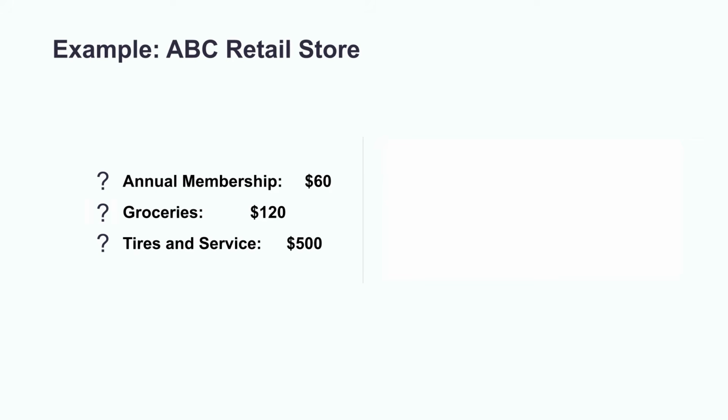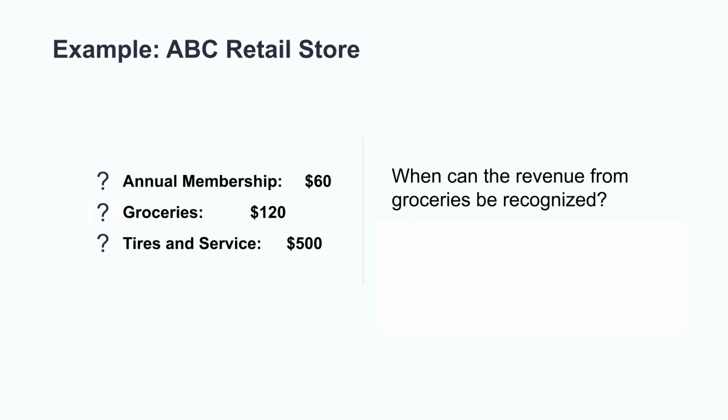Well, we need to look at the substance of each of the elements of this purchase in order to answer that question. First, let's look at when should ABC Company recognize the revenue for the $120 worth of groceries. Now remember, the first criteria from earlier was that the seller has to have performed its obligations in order to record the revenue. In the case of the grocery purchase, this would occur at the time of sale because the company has no further obligations after the groceries have been sold.